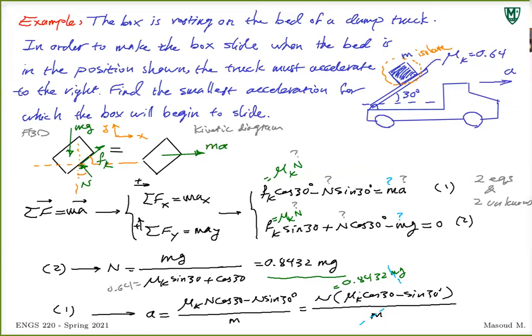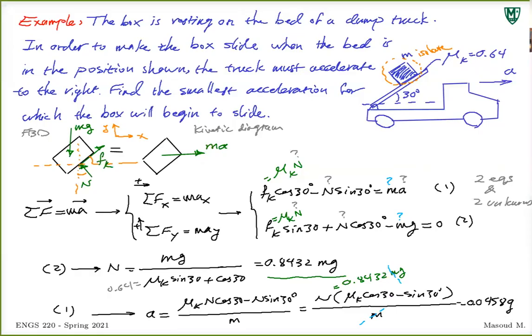I know what mu k is, I know cosine 30, I know sine 30, I know 0.8432, g is just 9.81, so I get my acceleration. I like that problem. If you do the multiplication and the math there, you'll get 0.0458 g, whatever that value is.